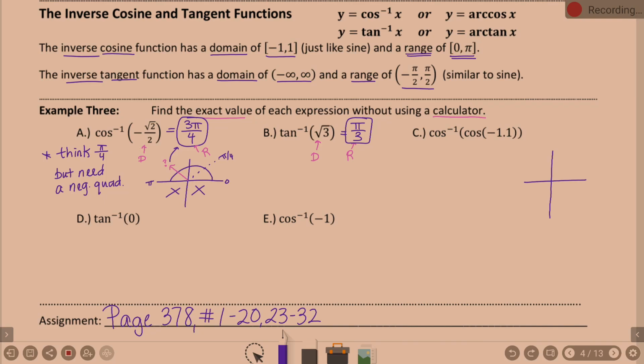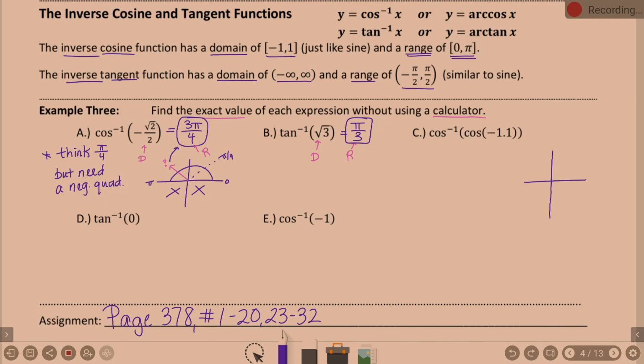What quadrant is negative 1.1 going to be in? Is 1.1 similar to pi divided by 3? Probably, yeah. I know this is a non-calculator problem, I'm just using it to think about it. Could we argue it's similar to negative pi/3, yes?